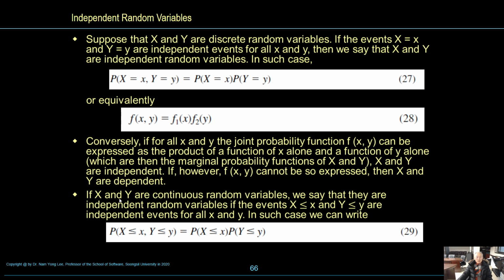If X and Y are continuous random variables, we say that they are independent random variables if the events X ≤ x and Y ≤ y are independent events for all x and y. In such a case, we can write the probability of X ≤ x and Y ≤ y is equal to the probability of X ≤ x multiplied by the probability of Y ≤ y.